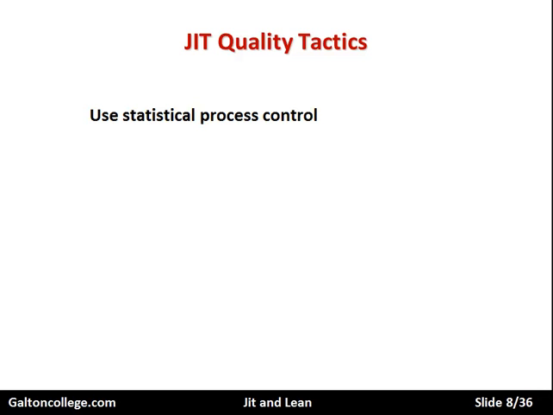We need to be careful to allow for hold-ups of one form or another that can happen. The tactics to get good quality in a JIT system are to use statistical process control. That's generally the way. They try to process information coming off the machines, measure the time it takes, and look at the wastage associated. What they're trying to do is to look statistically into the production process, and also to empower the employees to be involved in quality issues.